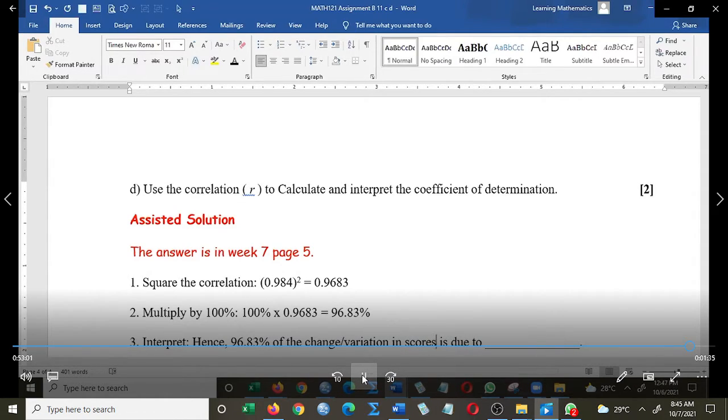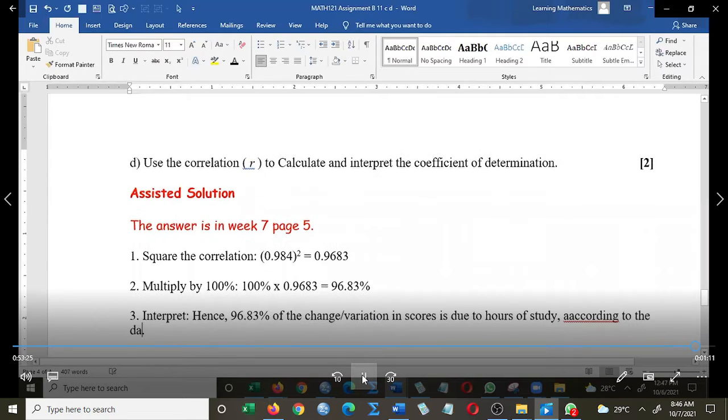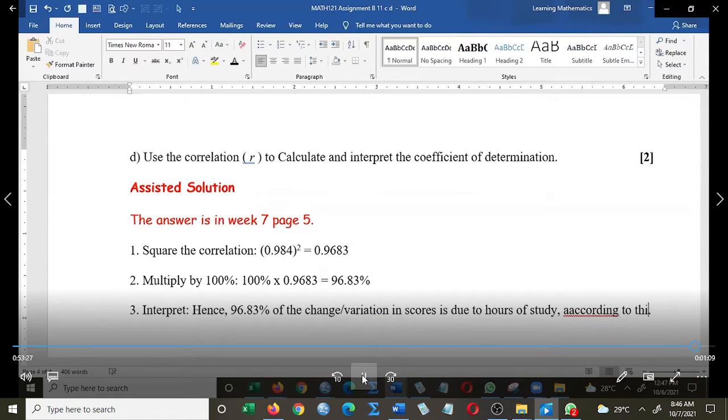So when you see the score vary, 96.83% of that variation was due to, or was according to the data. According to the data. All right. Another set of data might give you a different value. According to this data set.